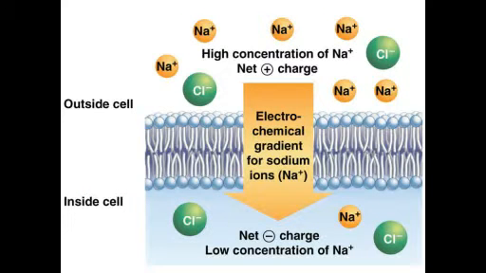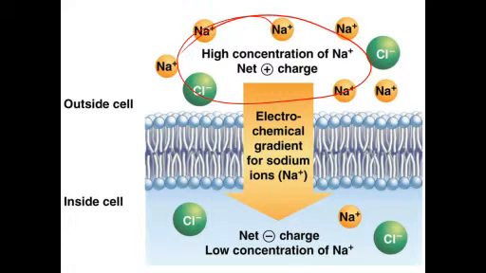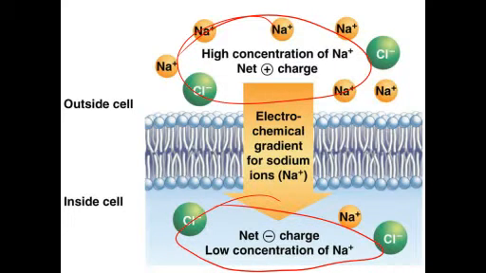Alright, so when you're talking about a cell, the membrane of a cell is charged. The outside of a cell has a net positive charge. The inside of the cell has a net negative charge. So you have a higher concentration of cations outside and a higher concentration of anions inside.